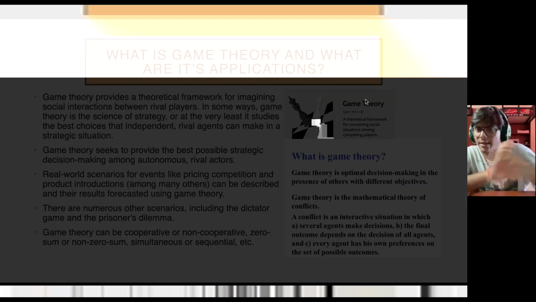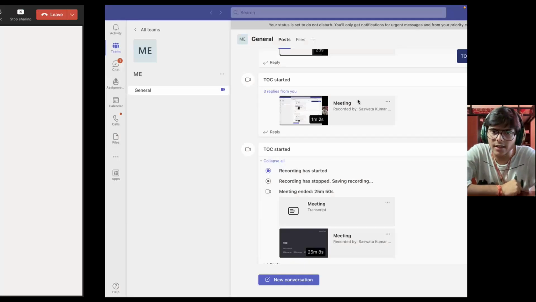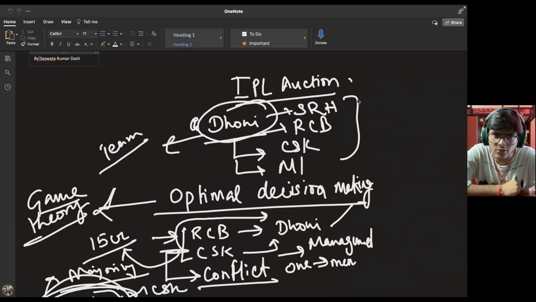Game theory is optimal decision making in the presence of others with different objectives. How can I explain this to you, right?